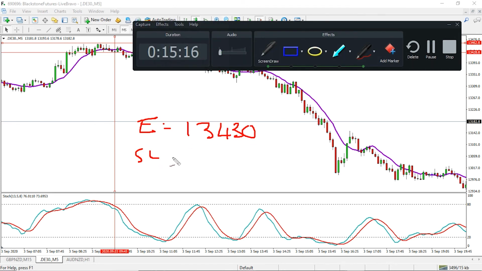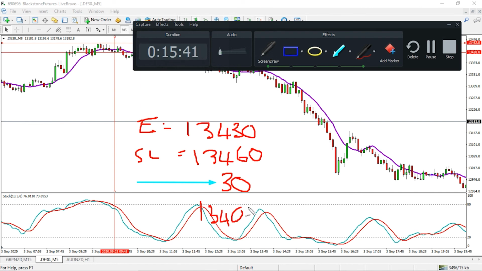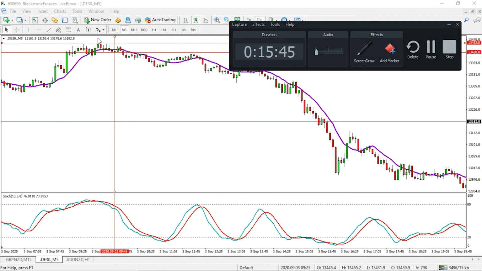Stop loss is 134.60. So the difference there is 30 points, guys. That's an R. Therefore, my take profit, I'm looking for 30 points. Remember, this would represent my R number. So 1 times 30 is 30. Therefore, my take profit is 134.00. And we can just pop that in now quickly.